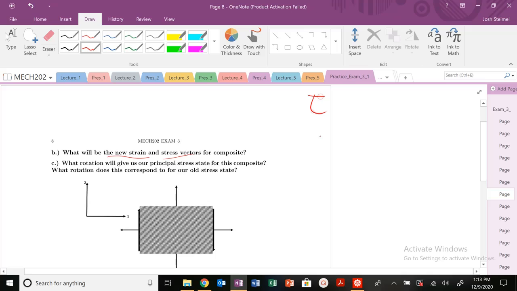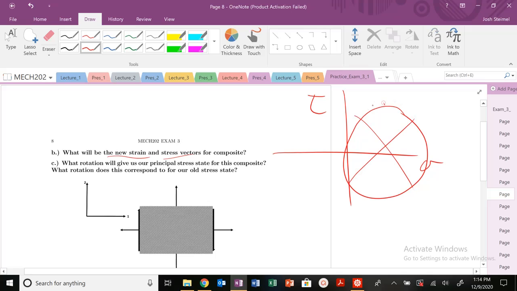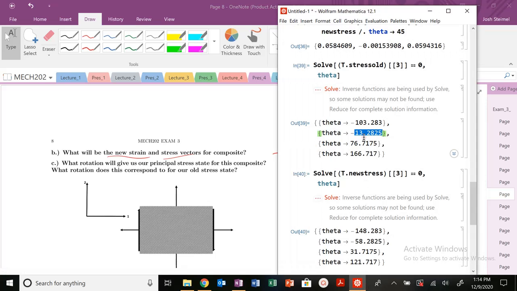So our principal stress state will remain the same, but you have some Mohr circle with all these different points, these different vectors or stress states that can possibly occur. That's why you see those different angles pop up. But that's essentially how you'd solve this problem. So any of these angles would be correct. But I think the easiest way would be, because it's asking for the rotation from our old stress state, to just use the old stresses and then you'll be able to solve for that.